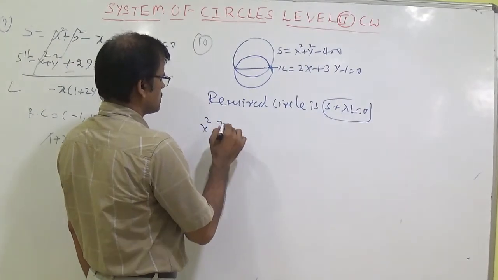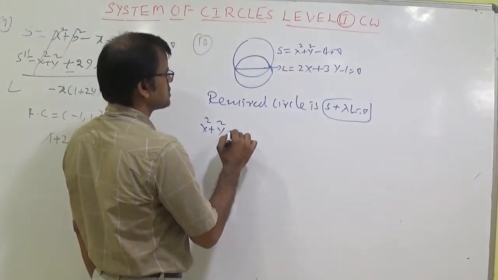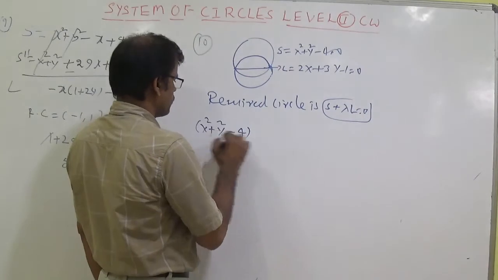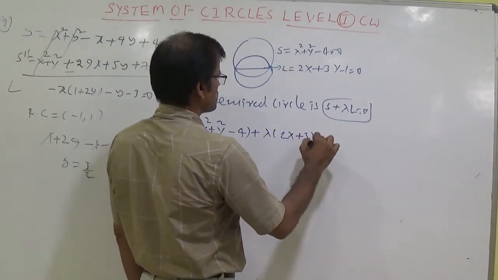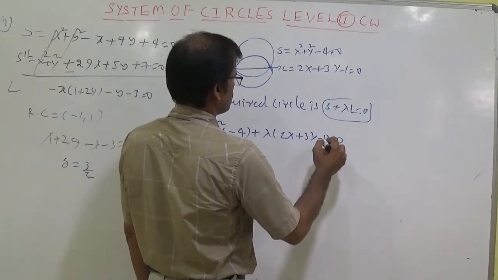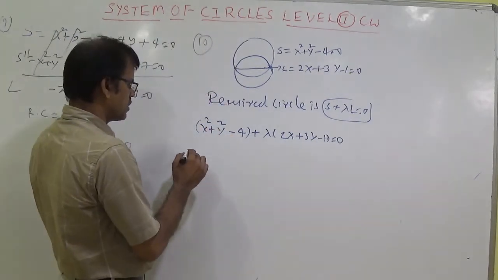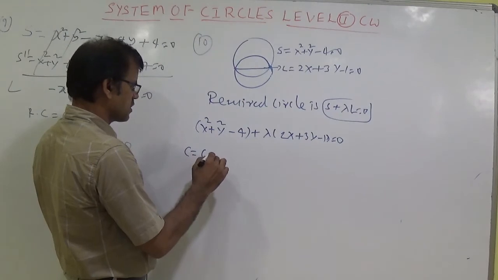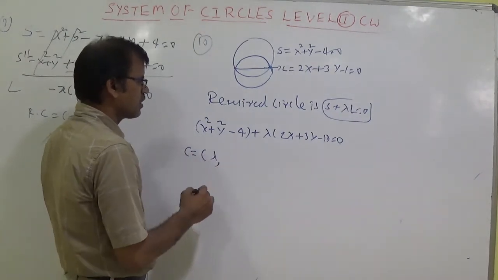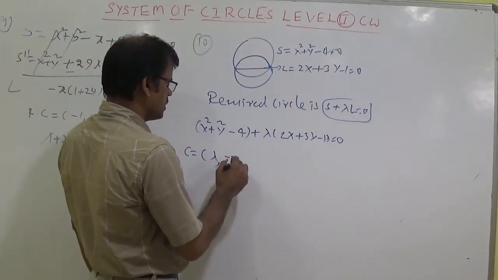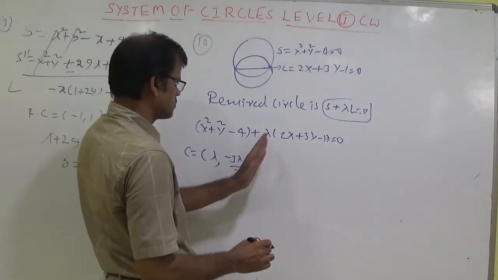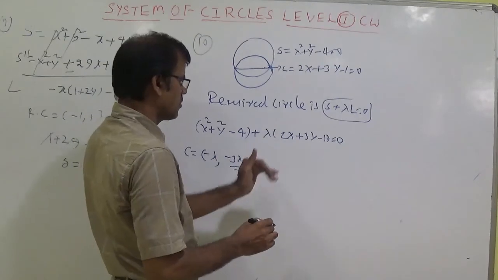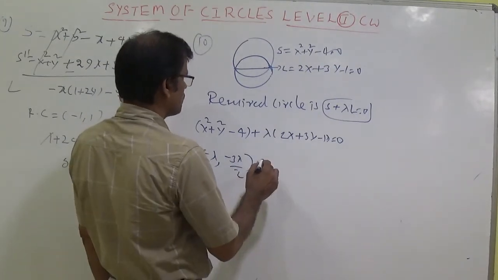So x square plus y square minus 4 plus lambda into 2x plus 3y minus 1 equal to 0. You can calculate the center of this circle, which is minus lambda comma minus 3 lambda by 2.